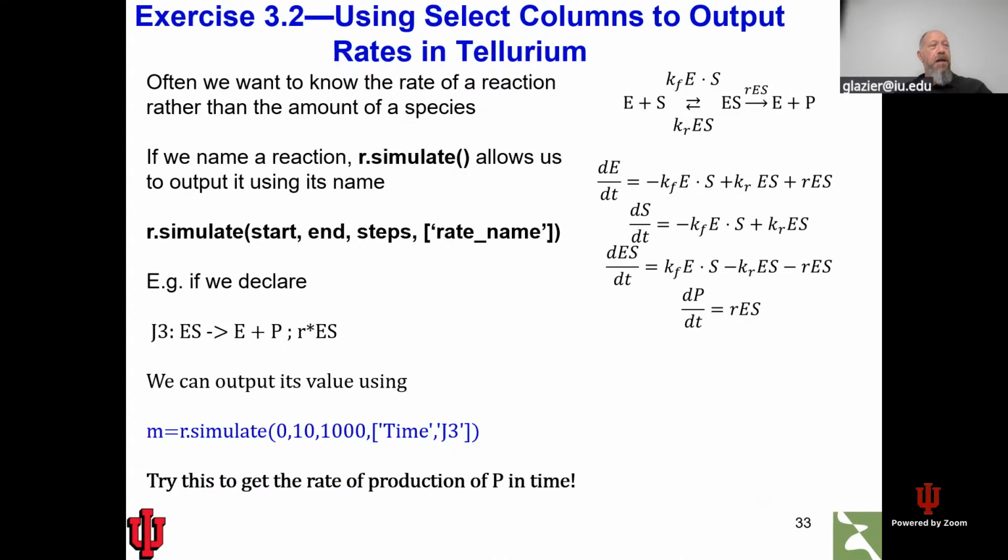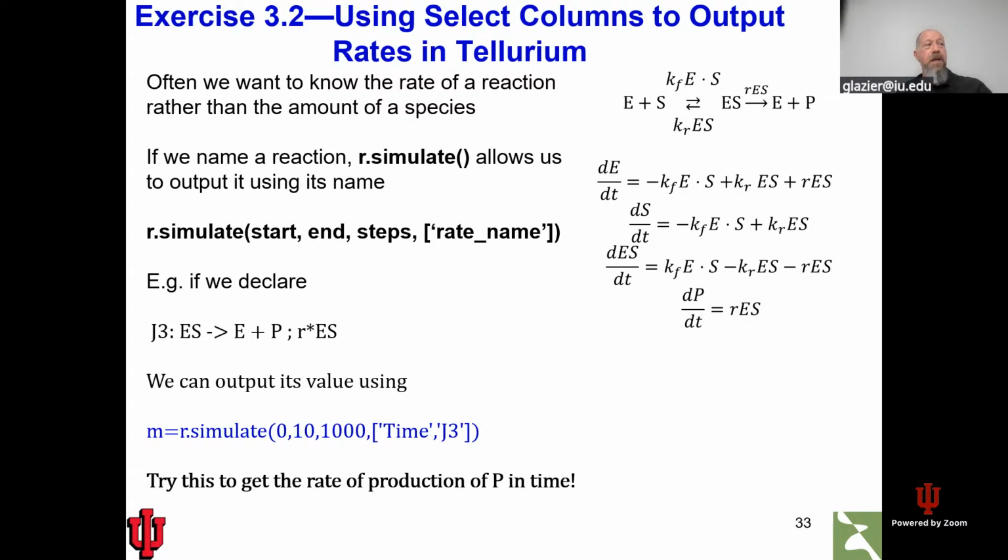If you wanted to plot the rate of production of P, then if you named, for example, your reaction J3, colon, ES goes to E plus P, and you do M equals R.simulate(time, comma, quote J3), then you'll just see the rate. So why don't people try plotting that instead?